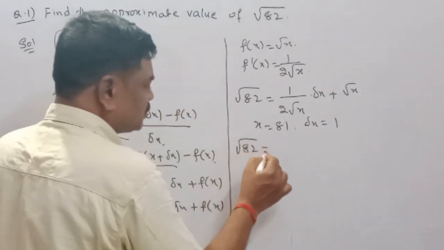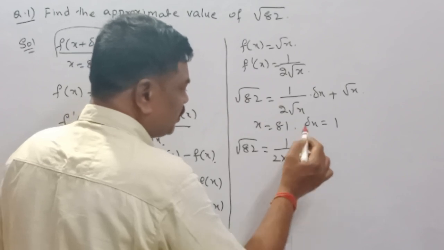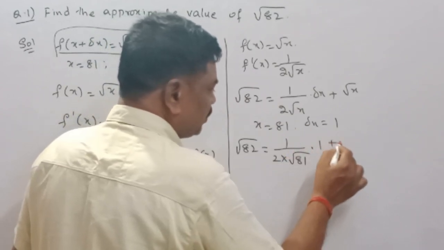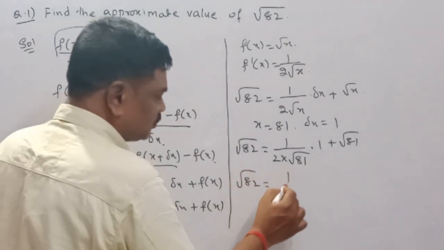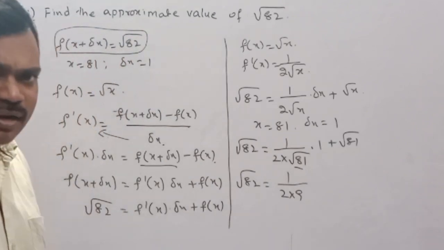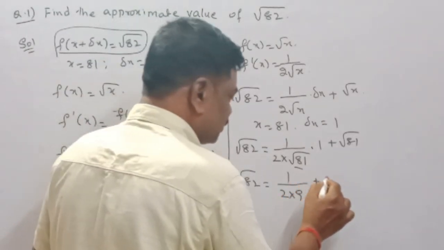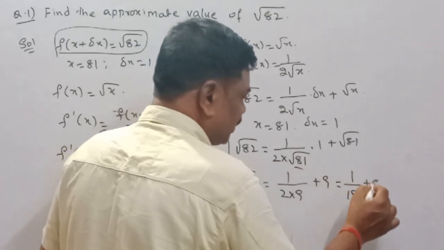Root 82 is equal to 1 by 2 into root 81 into delta x plus root 81. So root 82 is equal to 1 by 2 into 9, root 81 is 9, plus 9, that is 1 by 18 plus 9.